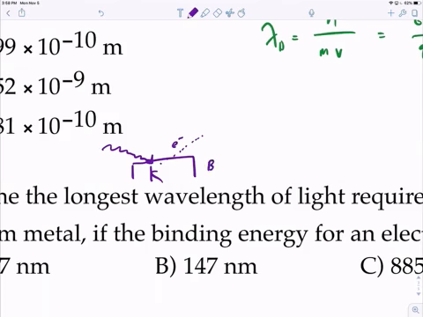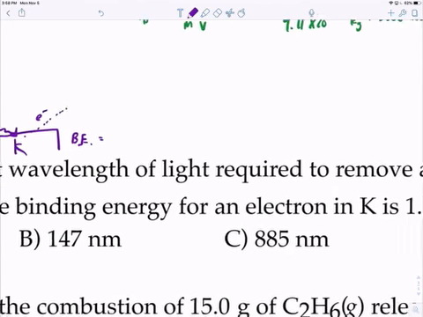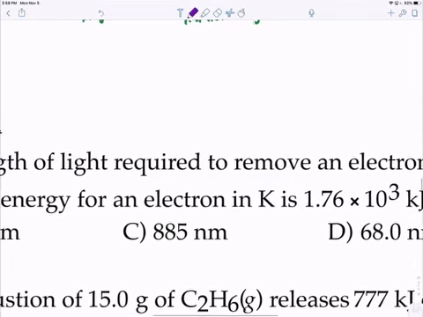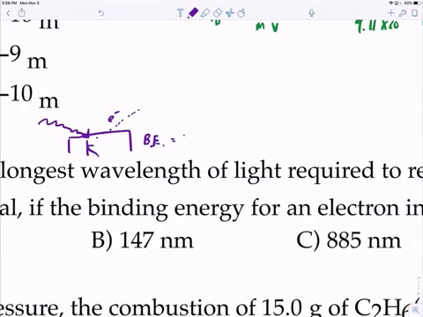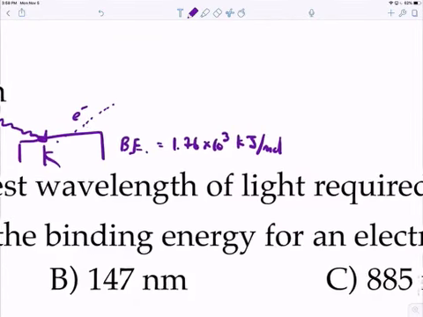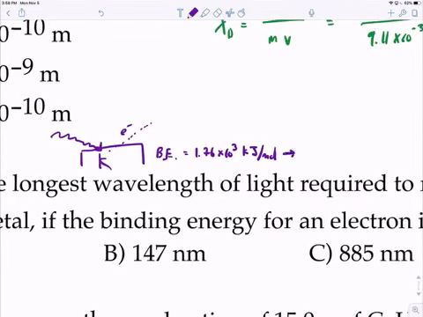And the binding energy is 1.76 times 10 to the third kilojoules per mole. So we need this in per atom.